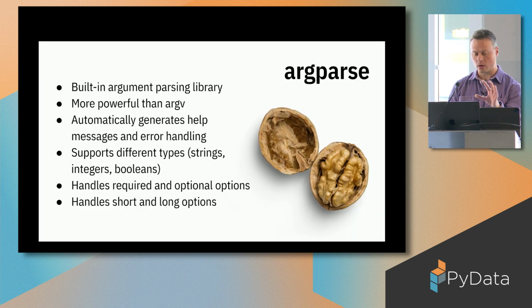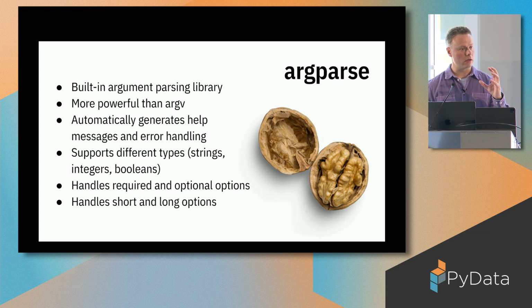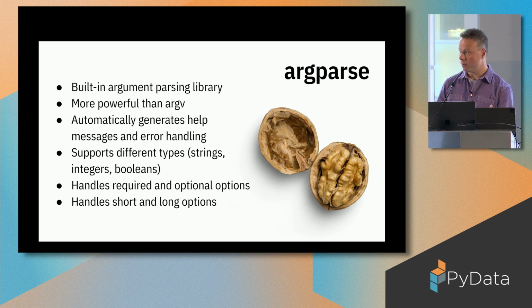Right, so far we've been using argv. Now, there is a built-in module, part of the Python standard library, called argparse. It gives you a ton of flexibility when it comes to defining your command line arguments. It can automatically generate help.